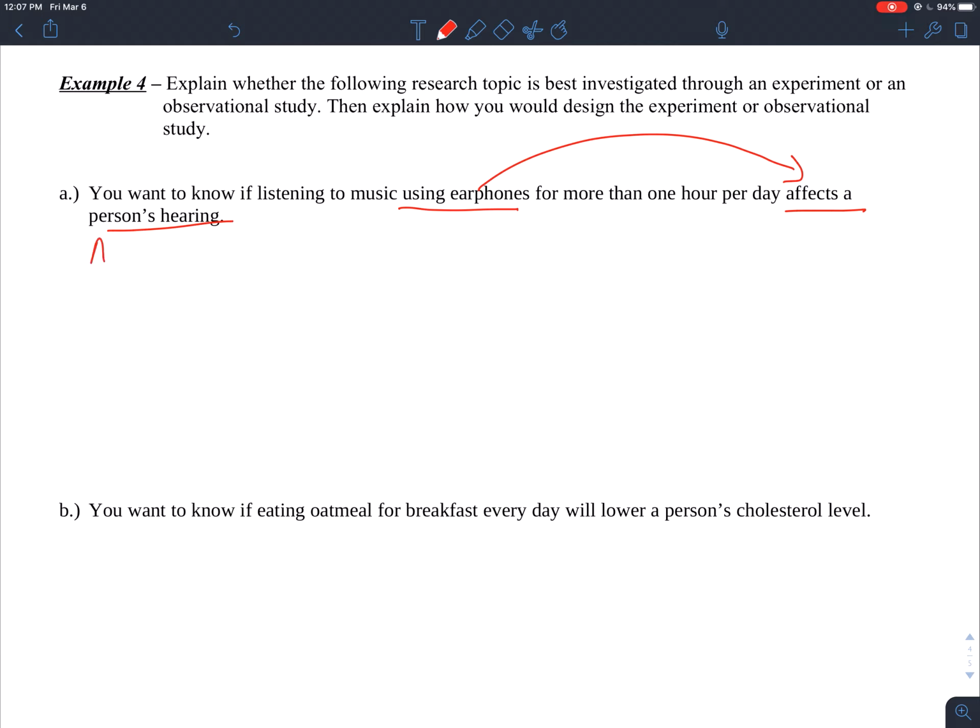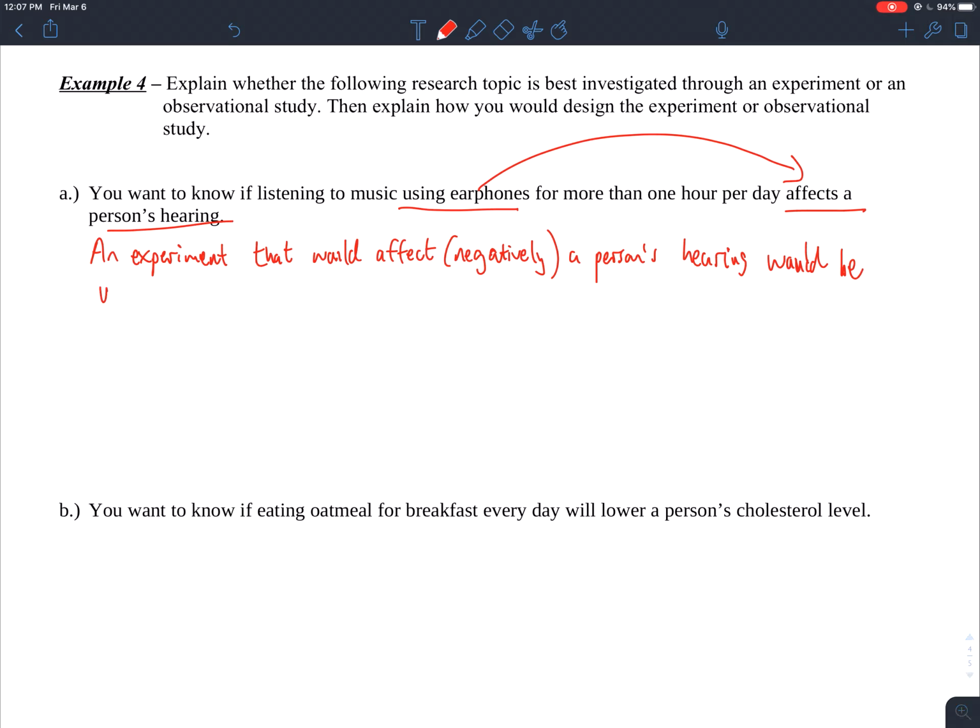Okay, so you say an experiment that would, and they're saying affect, we assume negatively, affect a person's hearing, would be unethical.